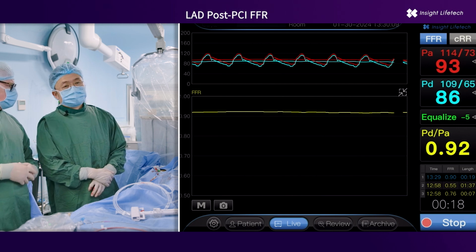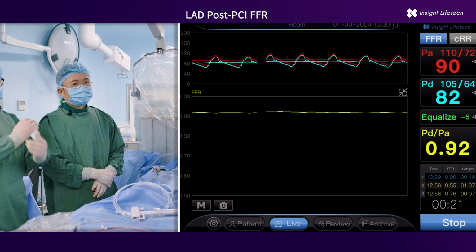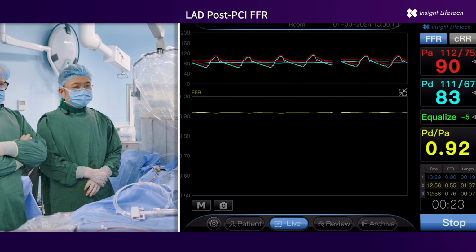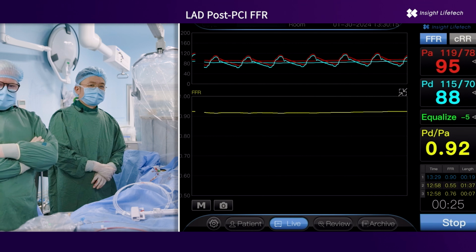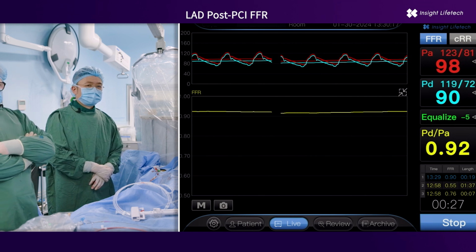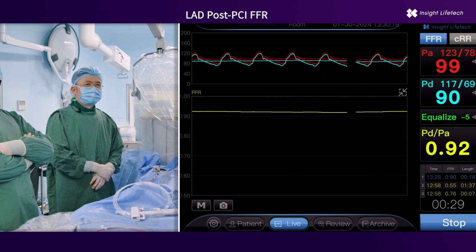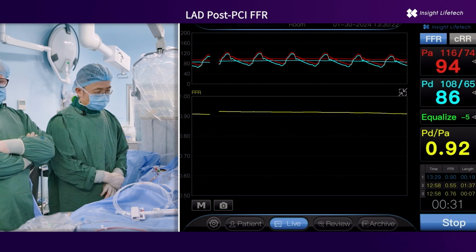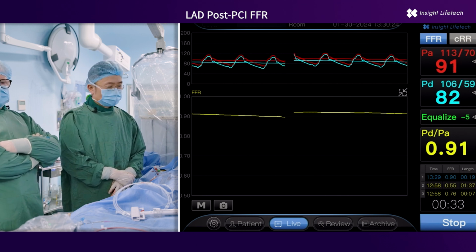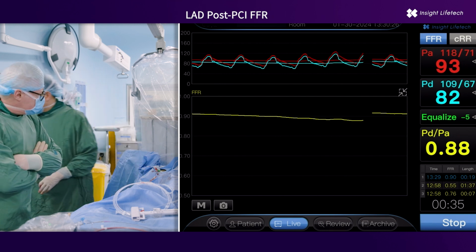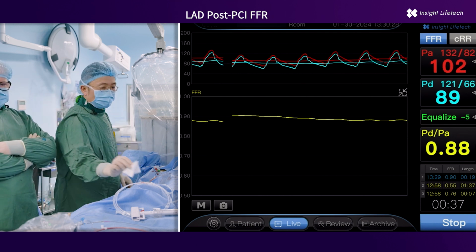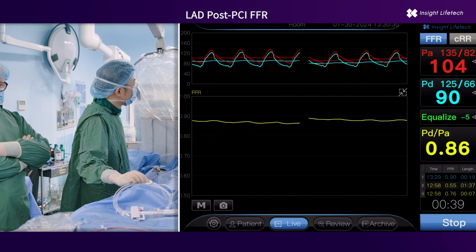So have we started adenosine? Yes. Infusion. So we have started infusion, and we calculate FFR value, which is 0.91, but it is not maximum hyperemia. This patient is symptomatic to adenosine, so he will tell us.